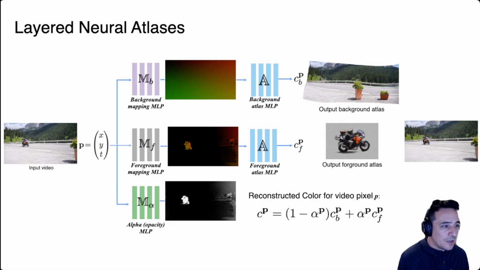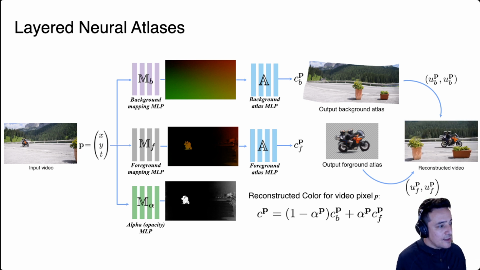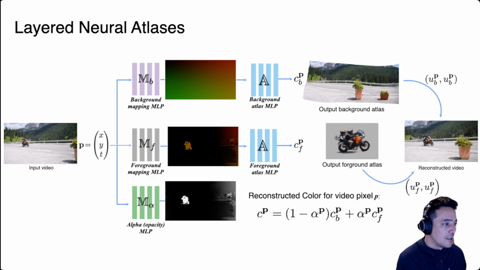So we could basically reconstruct the entire video just using the colors in the atlas by using the correspondences and this alpha blending weight. And therefore, we can train this entire thing end to end with a reconstruction loss.